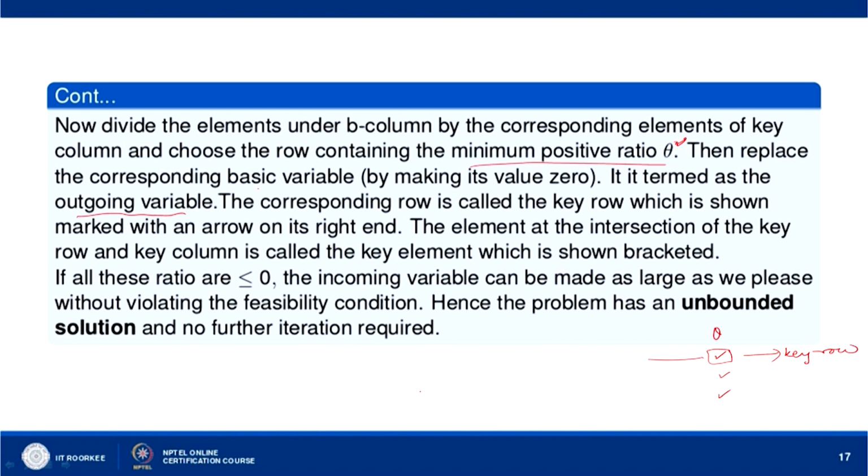The basic variable which occurs in this row will be given value 0, and it will be replaced by the incoming variable. Suppose the incoming variable is x1, then this is your key column. The element at the intersection of key column and key row will be the key element.